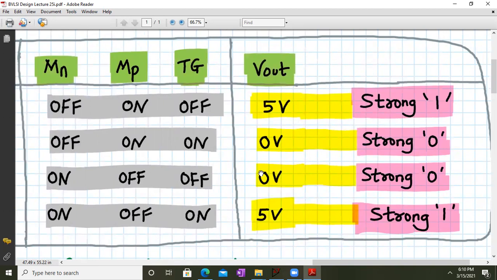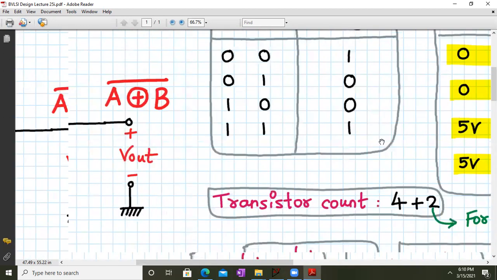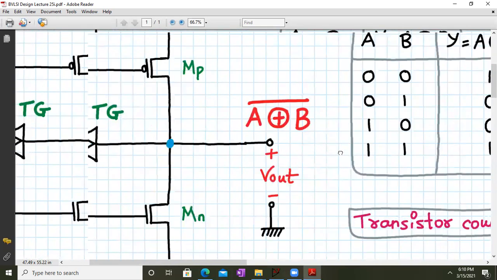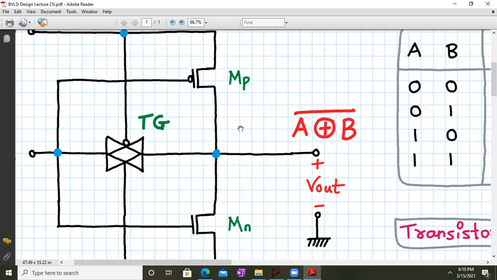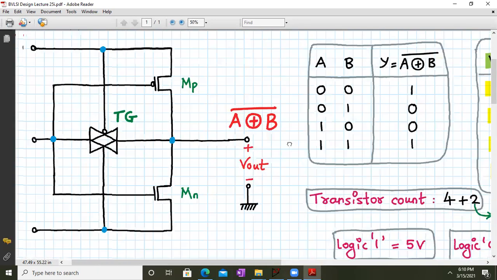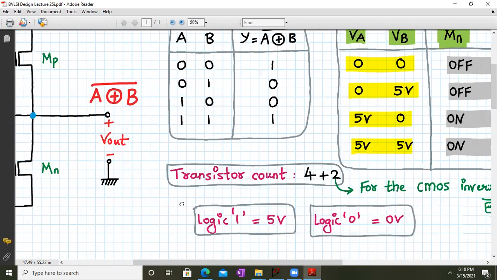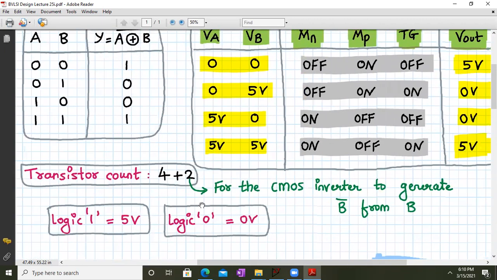There is no loss of any logic voltage at all. We got a strong 0 and a strong 1 all the way around. The only thing is that this technique requires 6 transistors: 4 transistors to implement this network which you see on your screen, and to additionally generate B bar from B, we require another CMOS inverter. That's why the total count is 6.